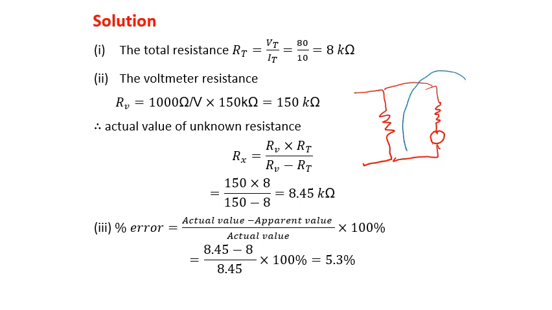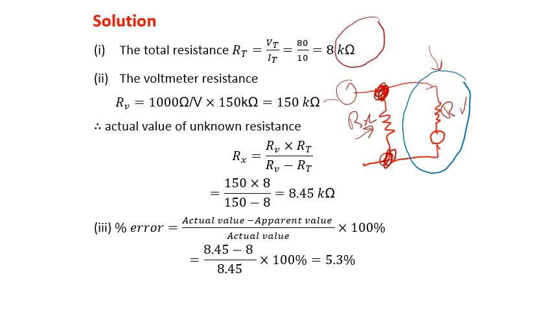The apparent value is what is calculated from the voltmeter and the ammeter. It gives me the resistance between this point and this point, which is the resistor we are measuring, Rx, in parallel with Rv, the voltmeter resistance. So in the apparent value, we are getting Rx paralleled with Rv.